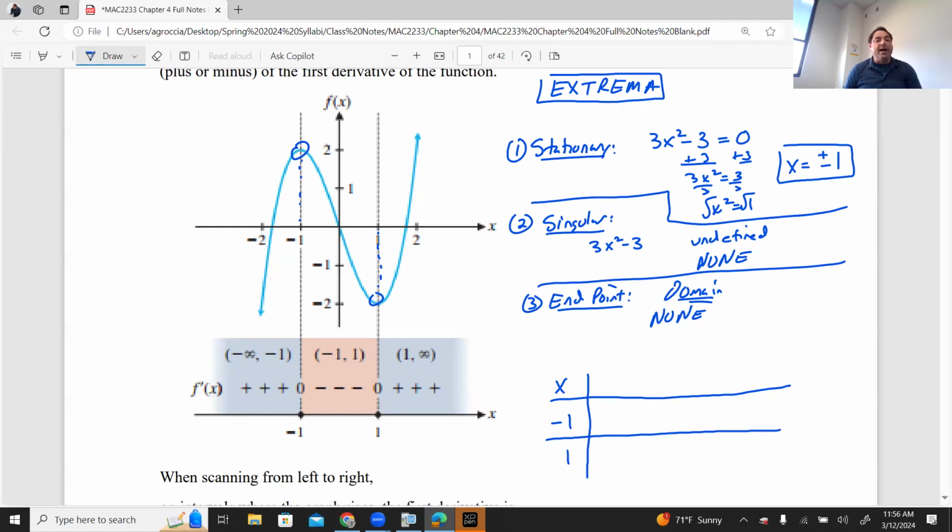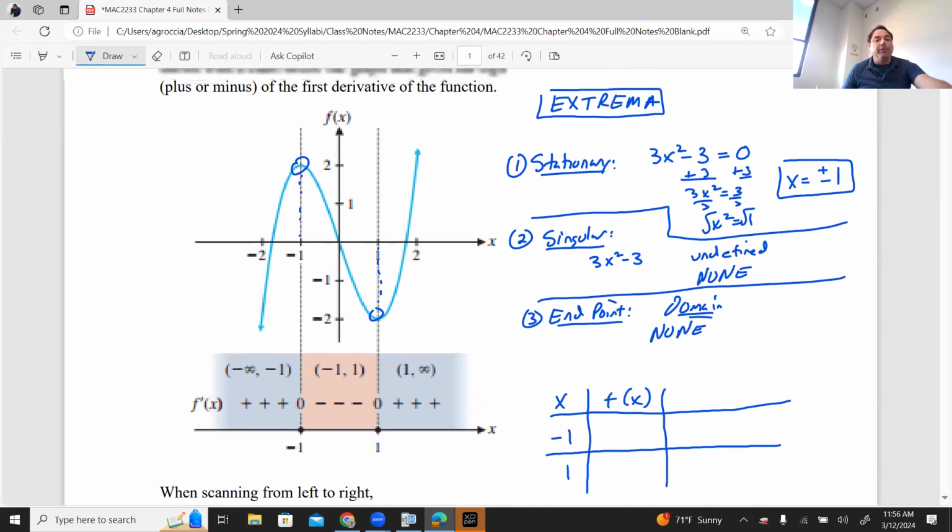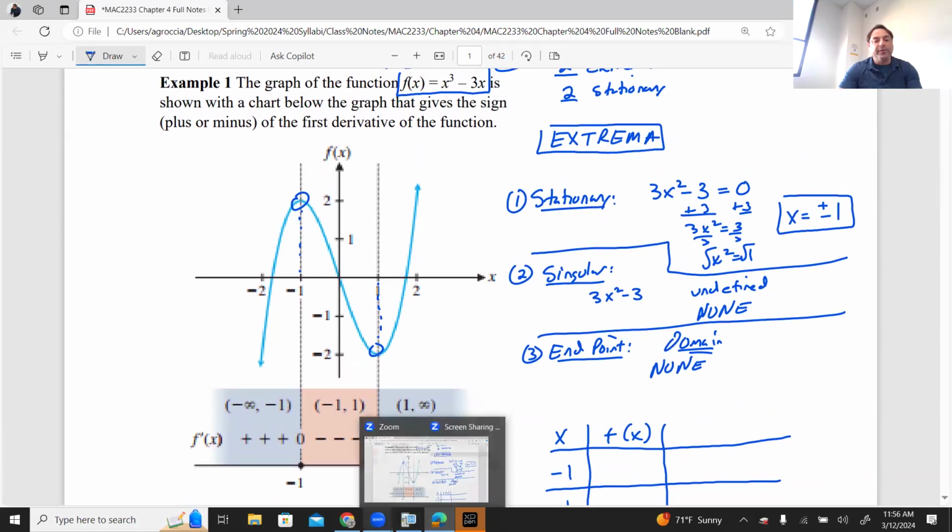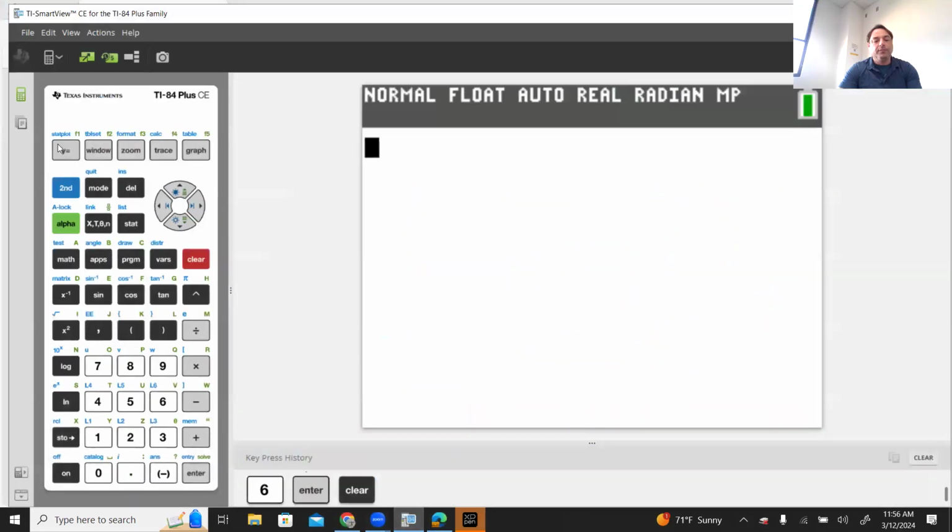Now, remember, this is where people get confused because we're doing derivatives, we're doing original. We're trying to find the extrema of the original. So what are we going to plug it back into? The original. Why? It's all about the original. So let's use our calculator, as we've learned. Let's go to y equals.